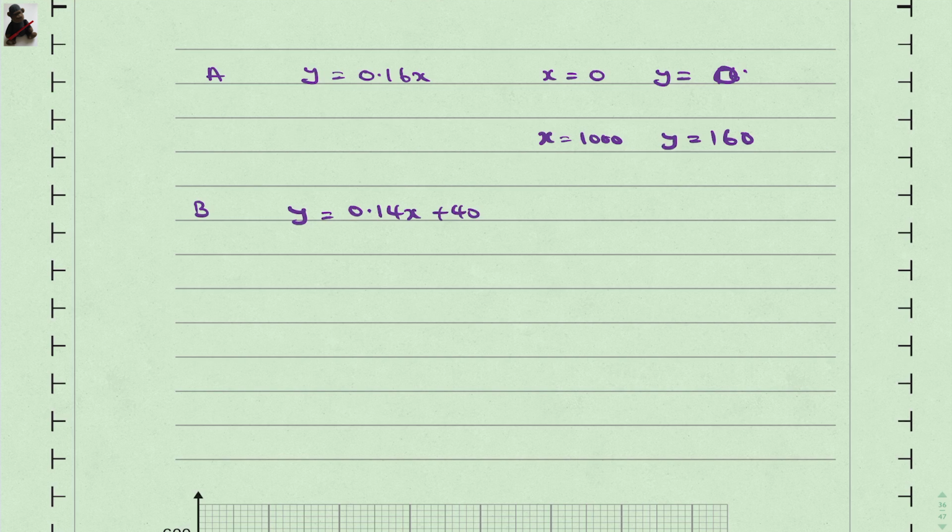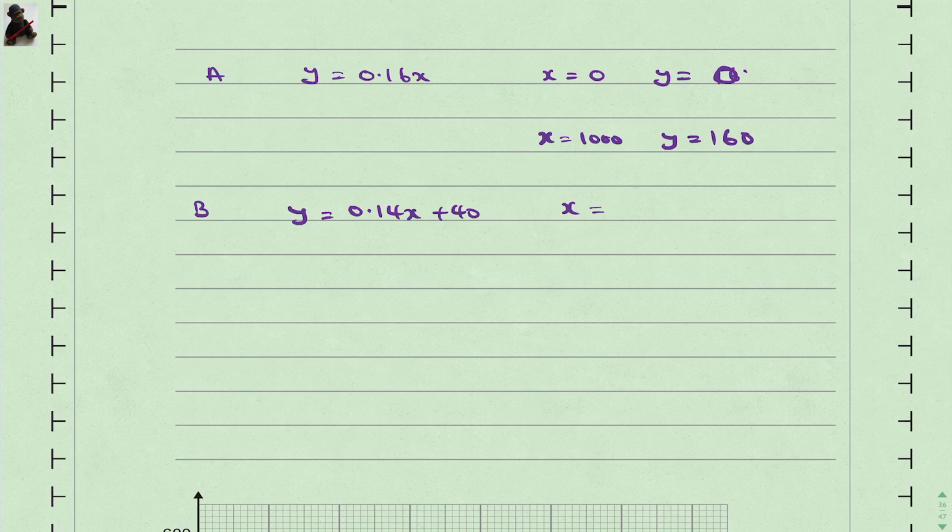For tariff A, where y equals 0.16x, when x equals 0, y equals 0 as well, because 0.16 times 0 is 0. When x equals 1000, y equals 160. For tariff B, y equals 0.14x plus 40.